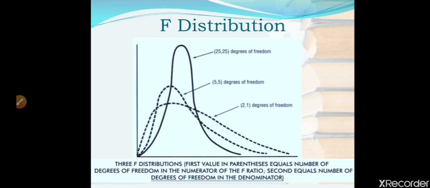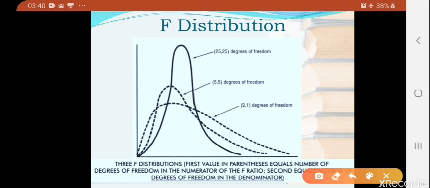Notice that each is identified by a pair of degrees of freedom, like here 25 by 25, 5 by 5, or 2 by 1. Unlike the t and chi-square distributions, which have only one value for the number of degrees of freedom, here there are two values. The first number is the number of degrees of freedom in the numerator of the F ratio, and the second is the degrees of freedom in the denominator.